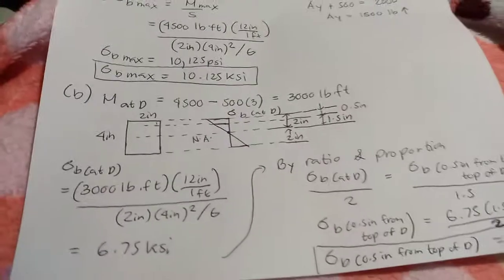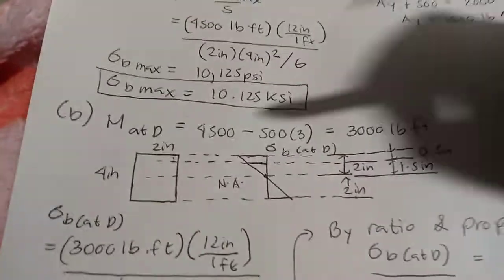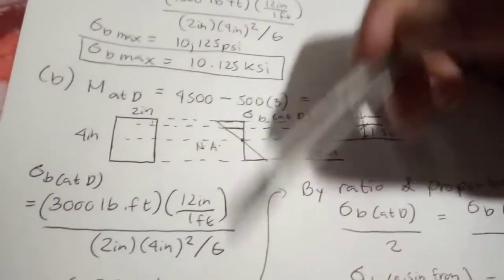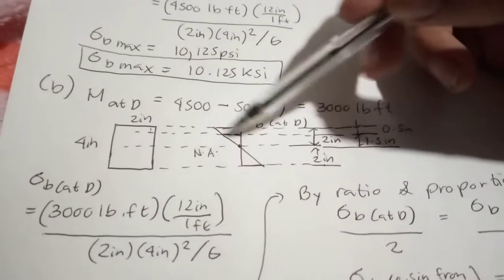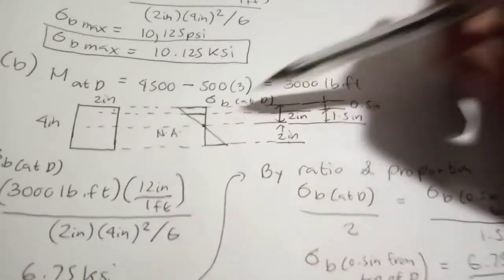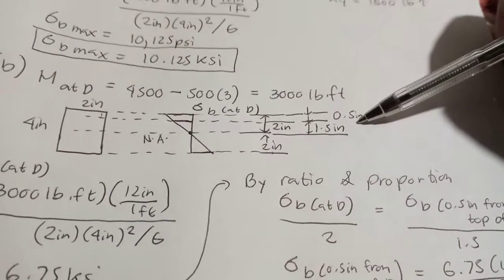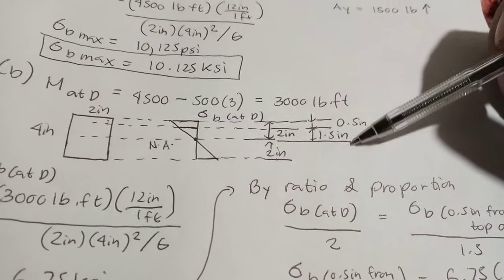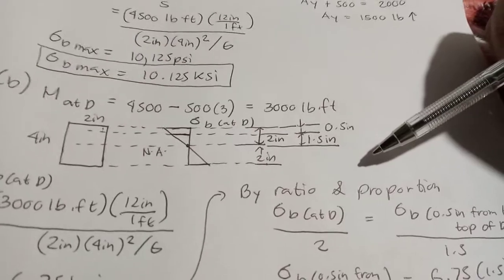So that's not the answer yet. We are going to have a ratio and proportion, using this triangle. Since 6.75 ksi will linearly diminish to 0 at the neutral axis, but the point is located 0.5 inch from the top of D, it is located 1.5 inch from the neutral axis, where your stress is theoretically 0.